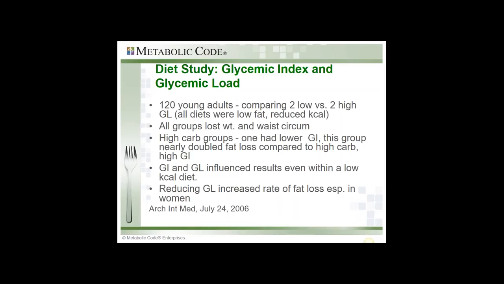But the high carb groups, they split those up. One had lower glycemic index, and the one that had the lowest nearly doubled the fat loss. So why I like to include this point is because I like people to understand that they can get to the weight that they need and want to lose by taking this approach to the diet.